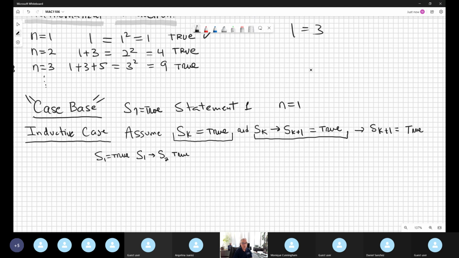Not X2 alone, X1 implies X2, the link to connect X1 and X2. So now X2 is true. And you prove hypothetically for any K, X2 implies X3. It's also true because I proved it generically for any K. So X3 is true.